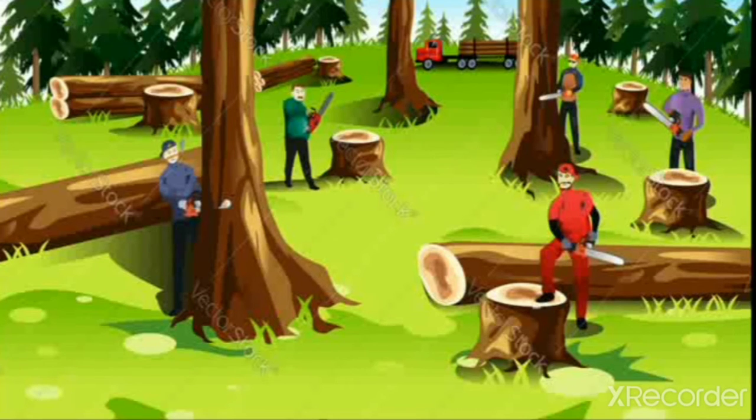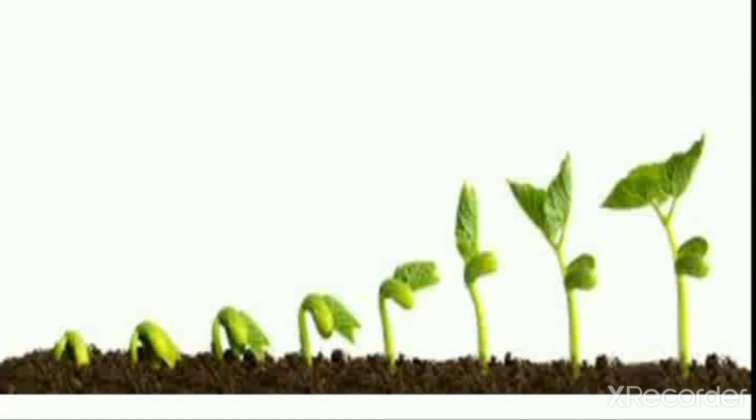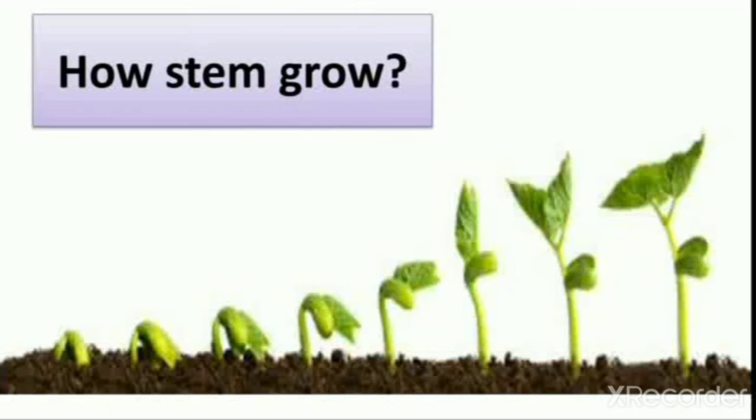Here, some stems are long, some stems are small. So the brown part which you can see is the stem of the plant. We learn about stem today. Now, how stem grows.